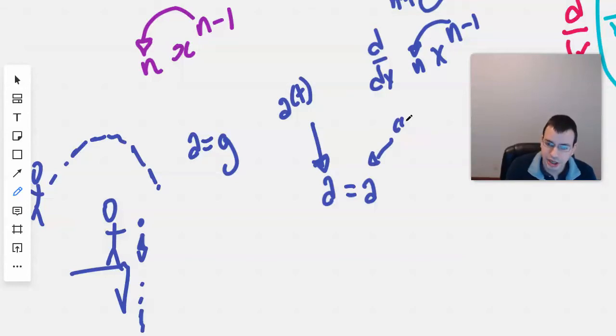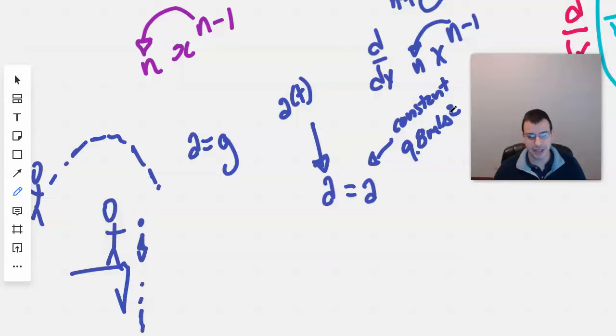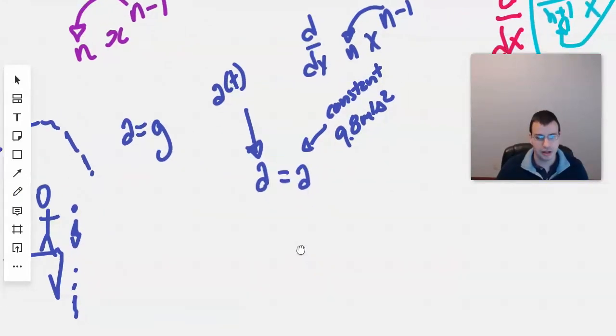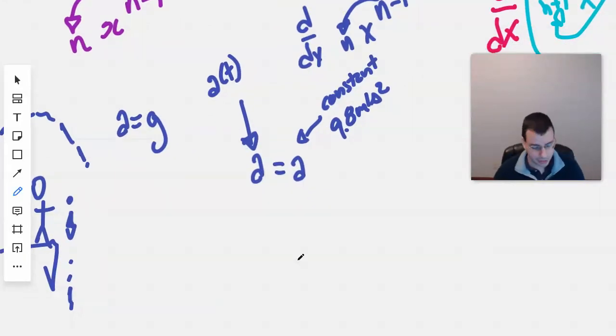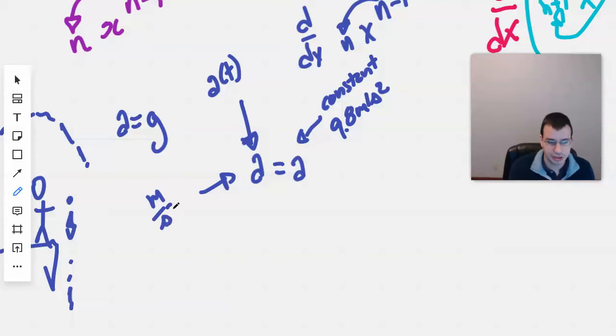This is a constant, which is pretty much assumed to be 9.8 meters per second squared. I know I write them the same, but again, this is mostly a mnemonic. Every time I do a kinematic equation, the first thing I do is go through this process of writing out the kinematic equations, because it's easy and quick, and it really keeps you from error. So this a of t on this side, that's measured in meters per second squared.